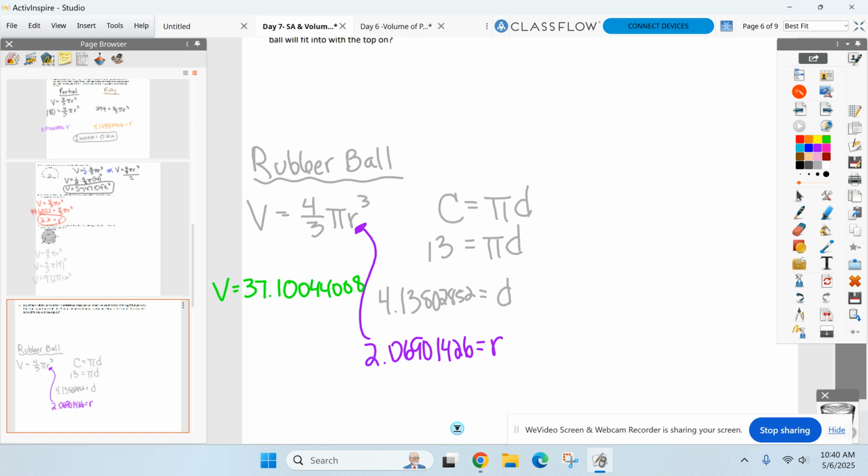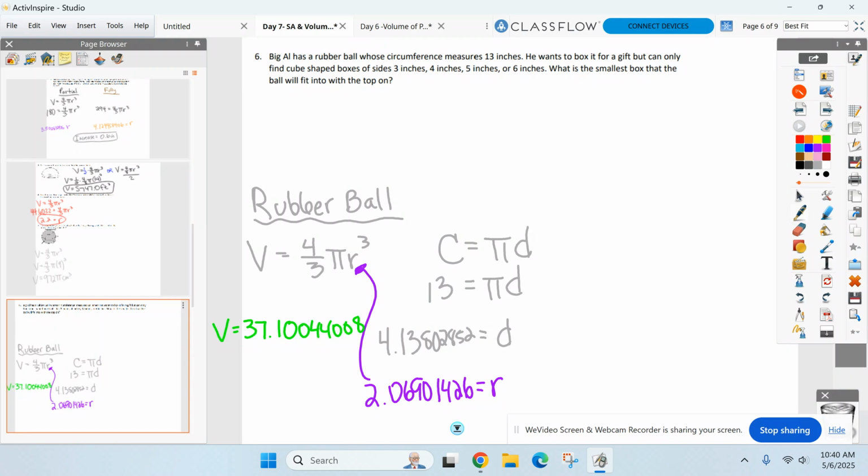Everyone find the volume, 37. We still got 11 minutes. How do you find the volume of that 3-inch box? Base times height, right? The base will be 3 by 3, and the height will be 3. 27 cubic inches.